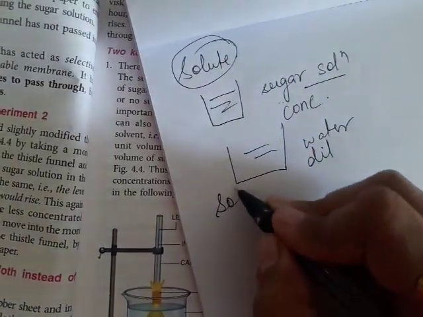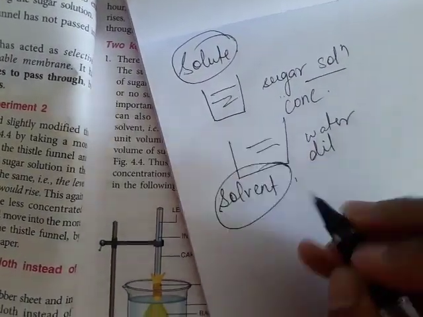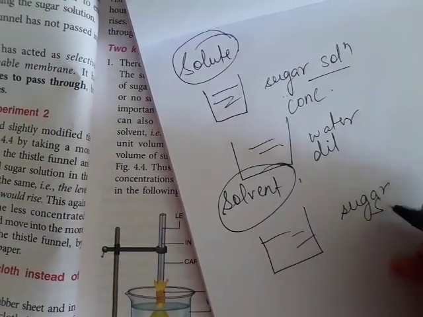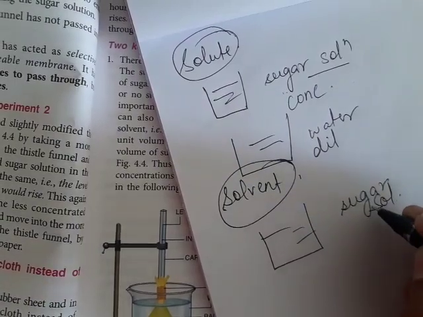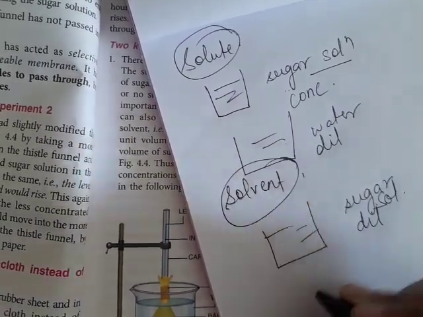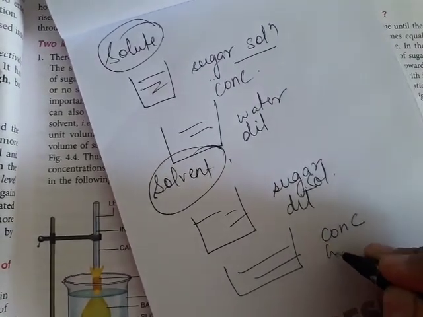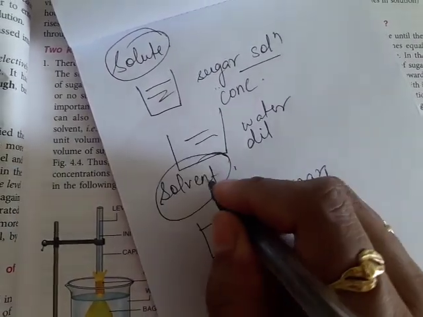But if we consider the solvent, this is the sugar solution, so there are fewer water molecules and it will be dilute, and here it is water, so this will be concentrated because there are more water molecules with respect to the solvent.